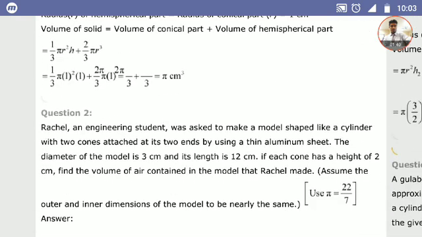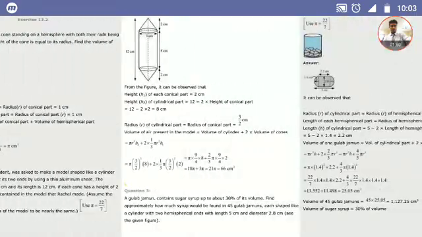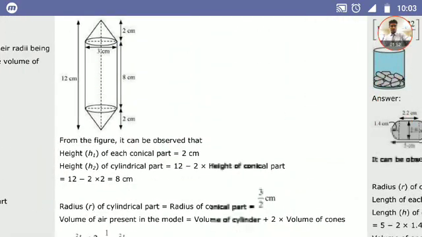Now moving on to the second numerical. Rachel, an architect engineer student, has been asked to make a model which is in the form of a cylinder attached to two cones. I'll directly show you the figure how it looks. A cylinder here, and on top and bottom it has two cones, and the dimensions have been given to you there. The radius of the cylinder as well as the cone is 1.5, height is 8 for the cylinder and 2 for your cone. So simply use the formula.